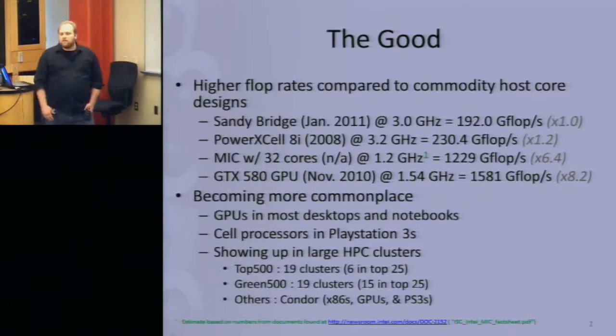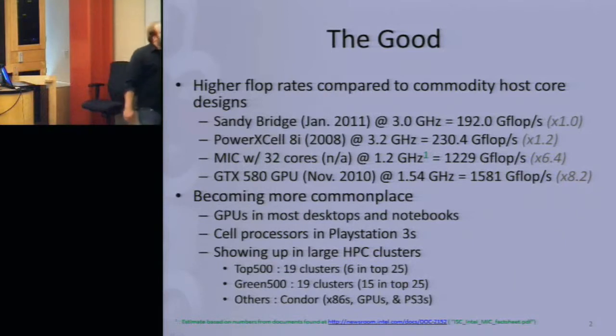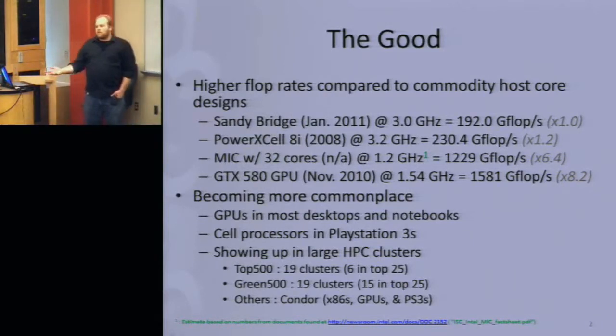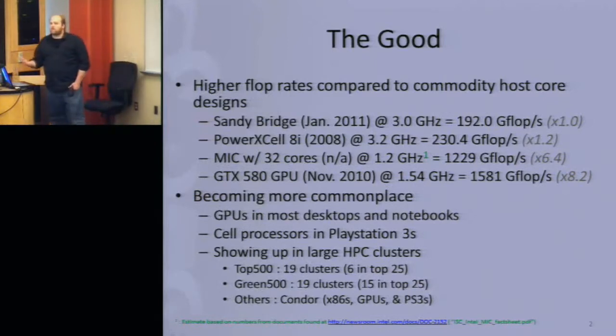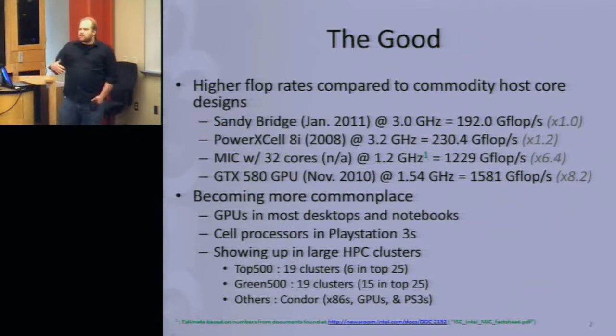So first, just setting up the context of why we might want to do this. I don't think this is particularly mysterious to anyone in this room, but I'll say it anyway. If we look at some of the more recent host processor architectures, and compare them against some of the various accelerator technologies that exist today, NVIDIA-based GPUs, even the Cell processor that was released back in 2008, you can get speedups if you make use of these specialized hardware architectures.